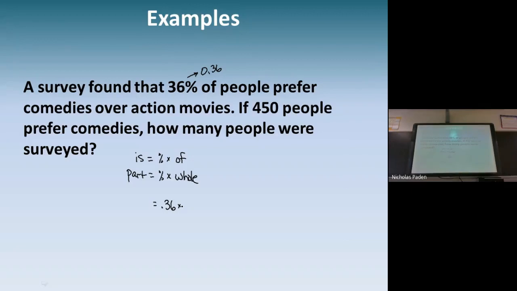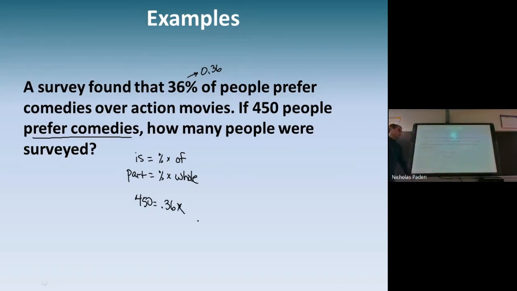Okay, then we've got to figure out, do I have part or whole for this one? 450 people preferred comedies. How many people total were surveyed? Well, the number of people that prefer comedies, this is not everybody, is it? This is just a portion of everyone who was surveyed. And so that's going to be part, okay? Because that's just part of who was surveyed. We're trying to find the total number of people surveyed, so we're trying to find the whole.